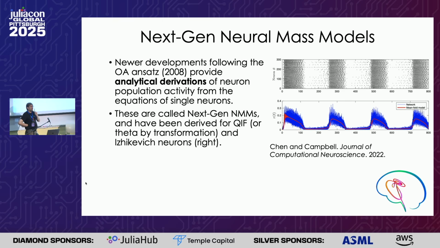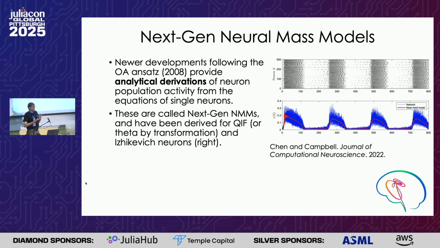So now we have models that can connect neuron parameters, right? So specific neuron parameters to average behavior, which was not possible before. All of the other models are essentially phenomenological, just differential equations. So now we have a strict way of going from neuron behavior to average behavior.